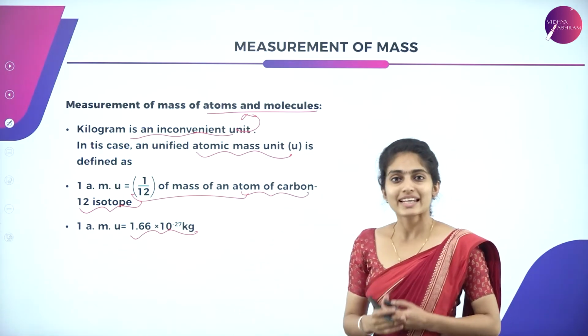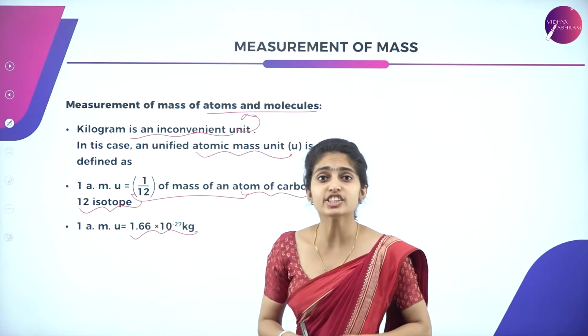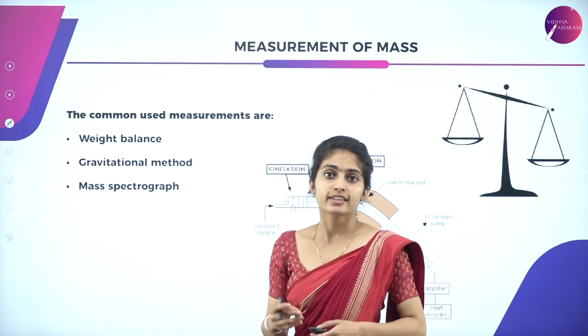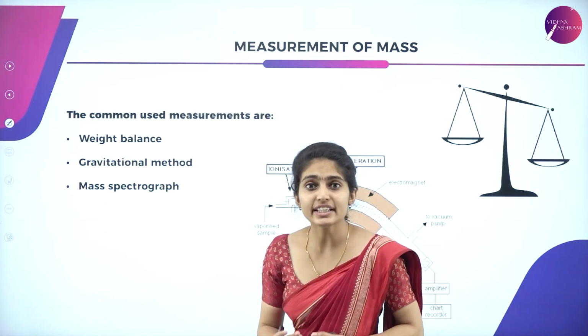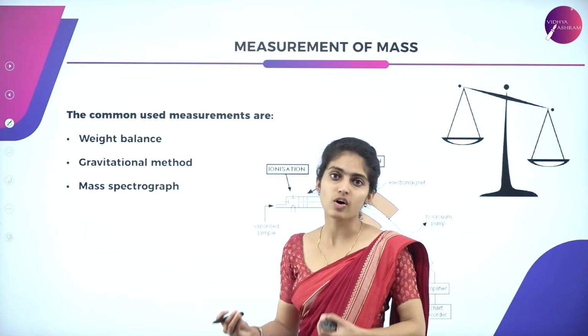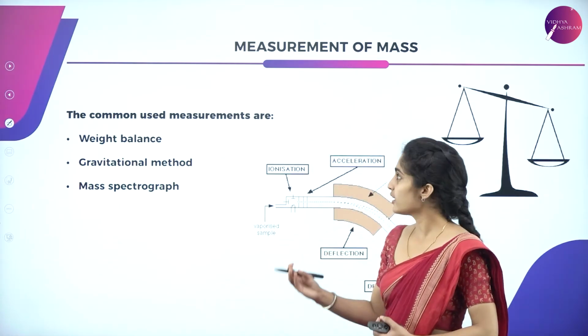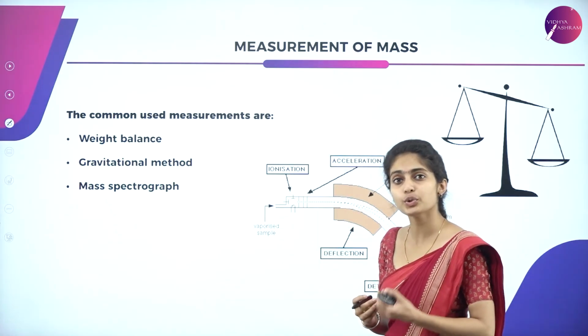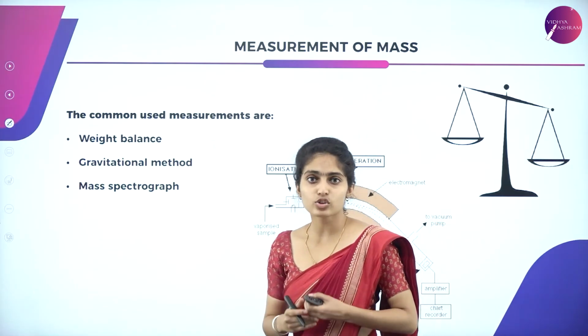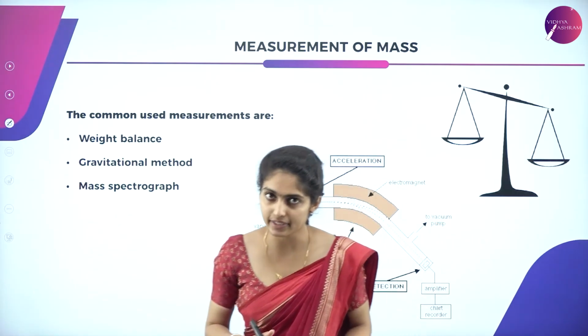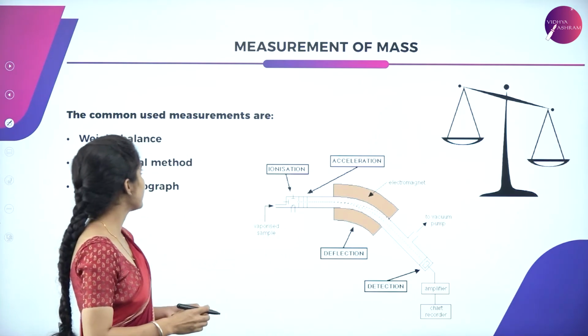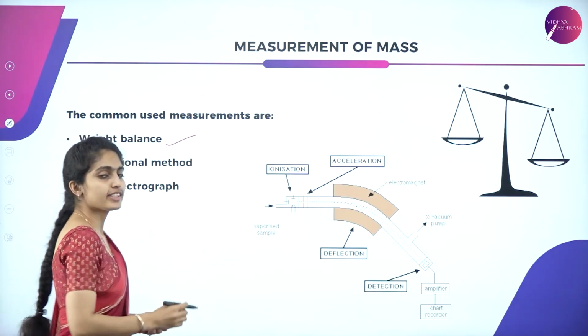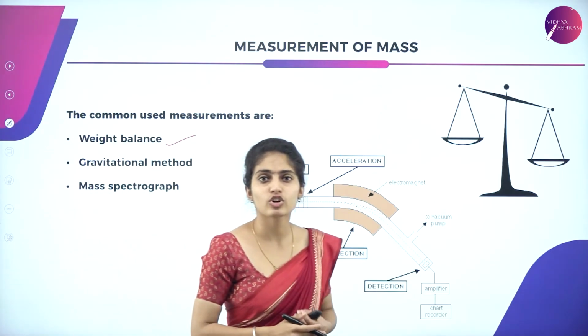Okay. So next, let us go to the instruments used to determine the mass of particles. There are few instruments which are used to determine the mass of objects or particles. Here one method is the weight balance. Usually you have seen it in grocery shops.